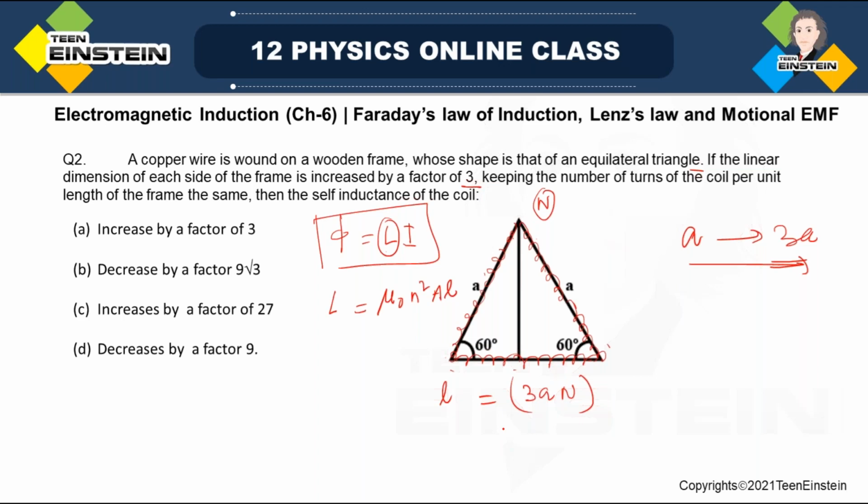Now suppose the diameter of each winding is d.